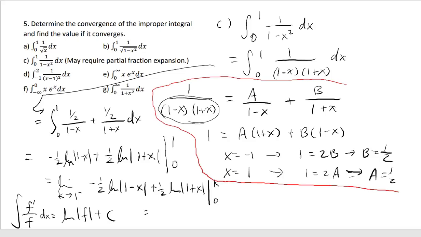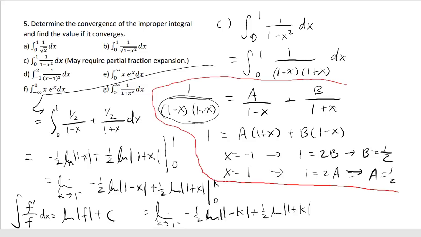Then that gives us the limit as k goes to 1 from the left of -1/2 ln of 1 minus k, plus 1/2 ln of 1 plus k. When you plug in 0, you get ln of 1 and ln of 1, and we know that ln of 1 is 0. So basically we have to figure out what the limit is.